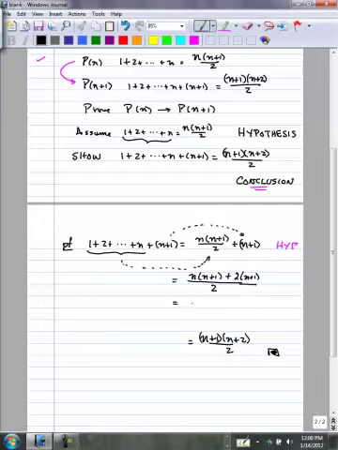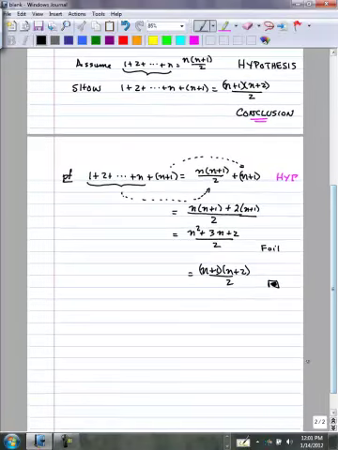If I expand this expression, I get n squared plus n plus 2n is plus 3n plus 2 times 1 is 2 over 2. And if you use the famous FOIL method in algebra, I think you can see that this next to the last expression is exactly the last expression. And we're done. So P of n does force P of n plus 1 to be true. If P of n is true, then P of n plus 1 has to be true as well.